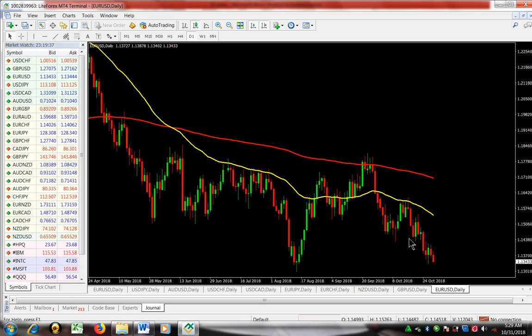Another way is to look for higher price rejection. This is a candle like doji, like hammer, like pin bar. Any candle like that is showing price rejection, either higher price rejection or lower price rejection.